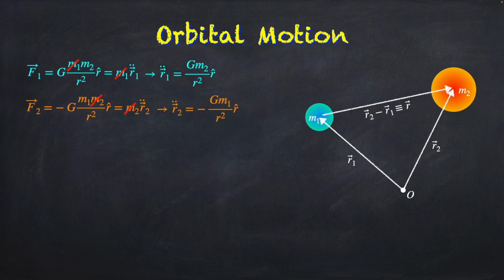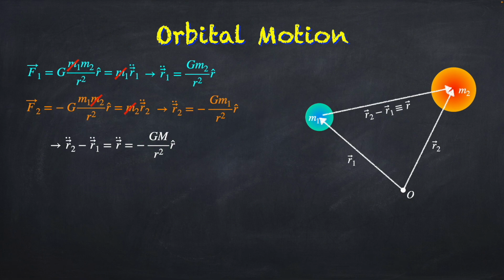Notice that the acceleration of each mass is independent of its own mass. Now, both these equations only depend on the r position, little r position, this vector here, r2 minus r1. So if we subtract the two, that's going to give us the acceleration of r2 minus r1, or little r, and that's going to be equal to negative g capital M, which is the total mass of the system, divided by r squared in the r hat direction, or I should say in the negative r hat direction.